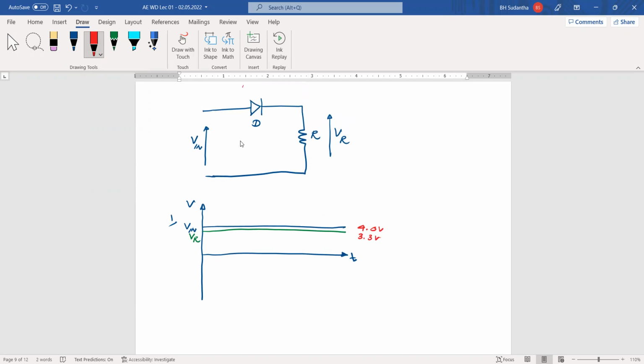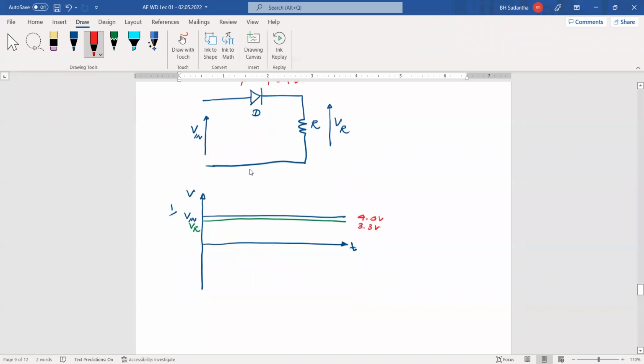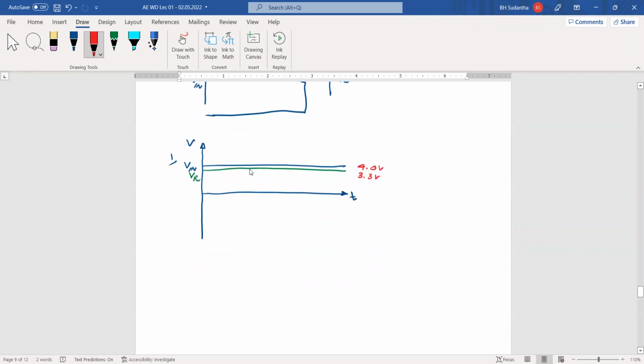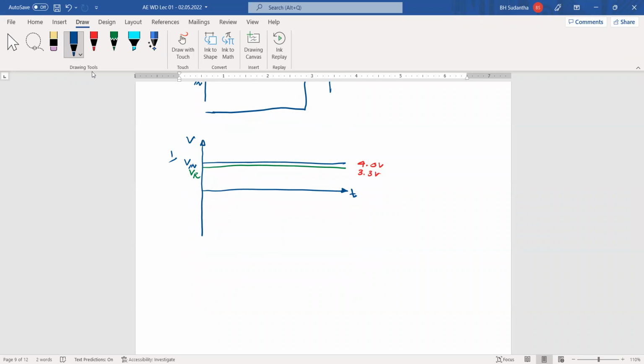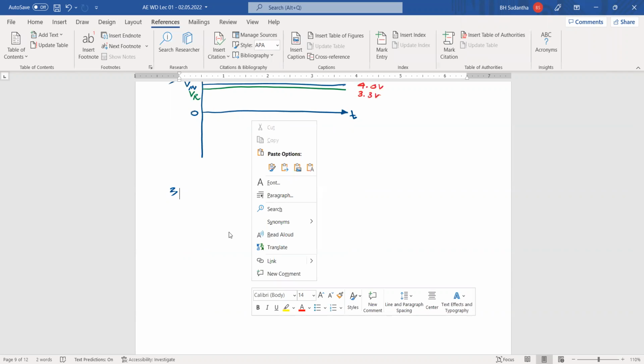Here, across the diode, we have a 0.7 volt drop. Then VR plus this voltage drop will be the input voltage. Okay, what about if you apply this type of voltage to V in?